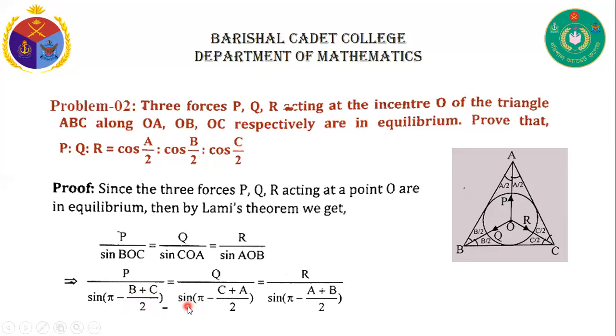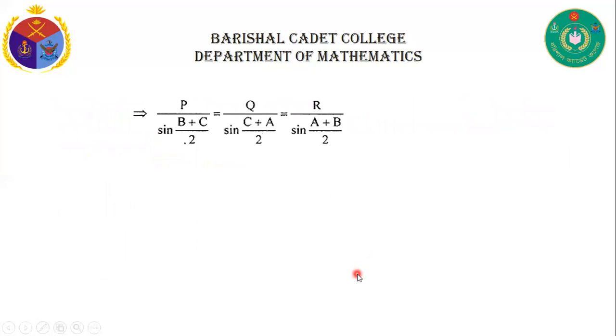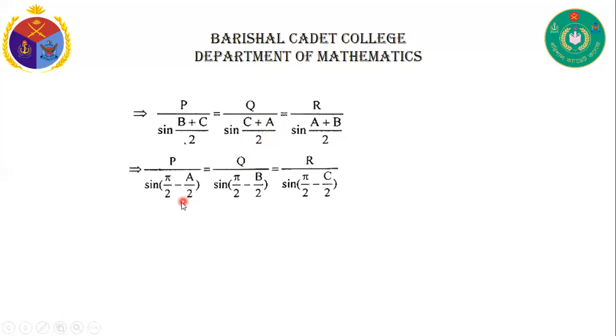Similarly, sine of (pi minus (C plus A) divided by 2), and R divided by sine of (pi minus (A plus B) by 2). So using the quadrant rule, P by sine (B plus C) by 2 equals Q by sine (C plus A) by 2 equals R by sine (A plus B) by 2.